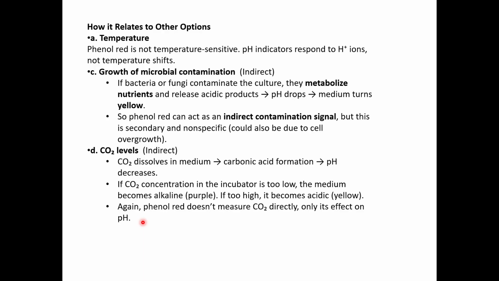It is an indirect measure, but basically the change is because of pH. Phenol red doesn't actually measure the CO2, but indirectly gives an estimate of the level of CO2, whether it's less or more. So this could also be a potential reason, but it's not sure that it is the reason.